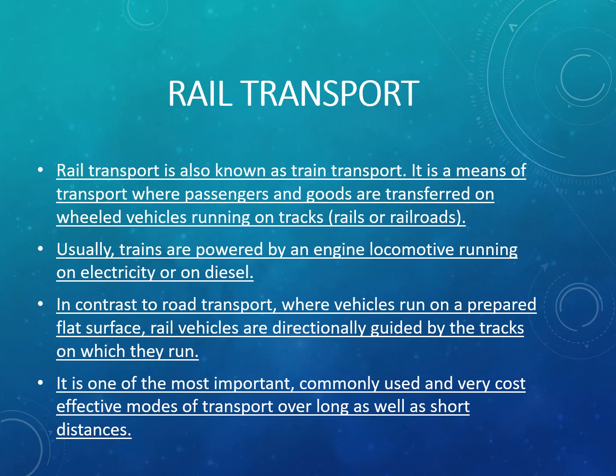In contrast to road transport, where vehicles run on a prepared flat surface, rail vehicles are directionally guided by the tracks on which they run. It is one of the most important, commonly used, and very cost-effective modes of transport over long as well as short distances.